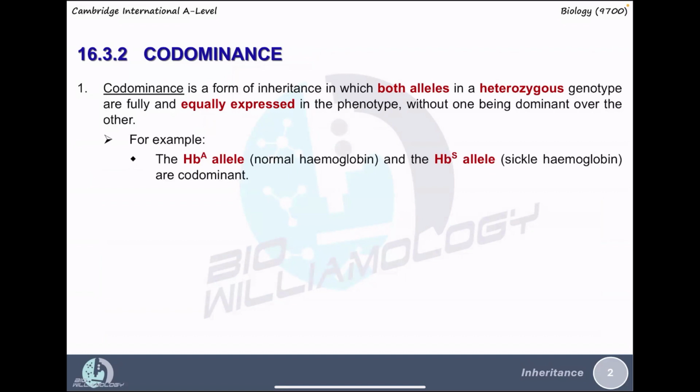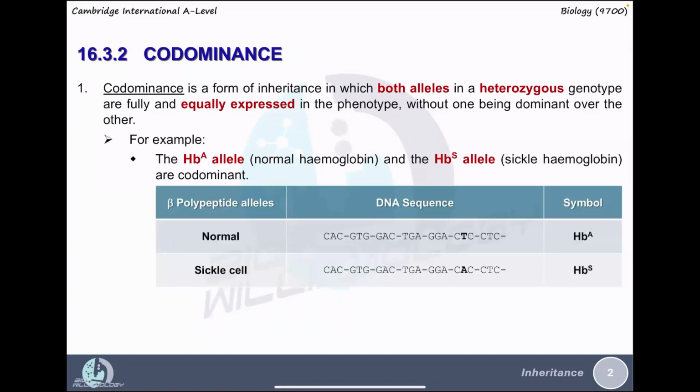For example, the HBA allele codes for the normal beta polypeptide and the HBS allele, which codes for the defective beta polypeptide, are codominant. You can see in this table that the normal allele and the sickle cell allele both code for the same polypeptide, which is beta globin.